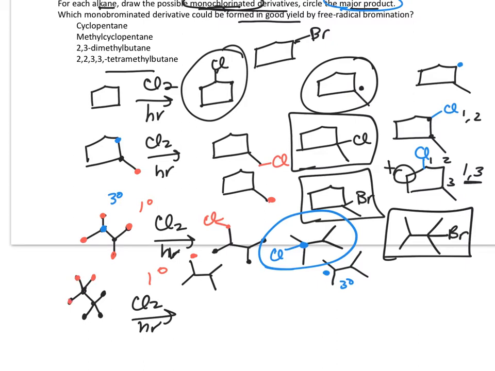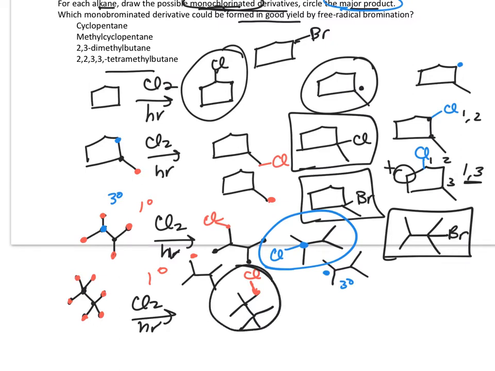Each one of these is primary, and they only want the mono substituted product. So that would look like this. And you'll see that any of these would give you the same. And there's no hydrogen anywhere else, so this would be your only product, and that would be your most stable.